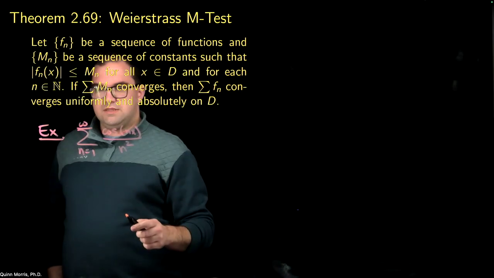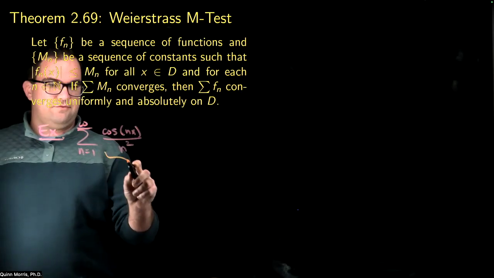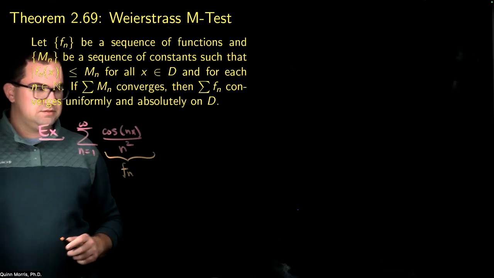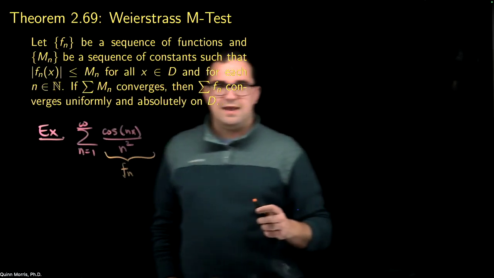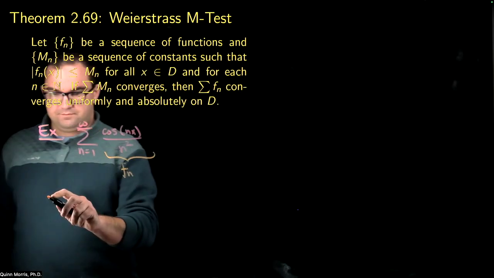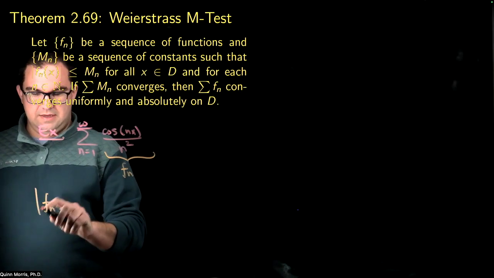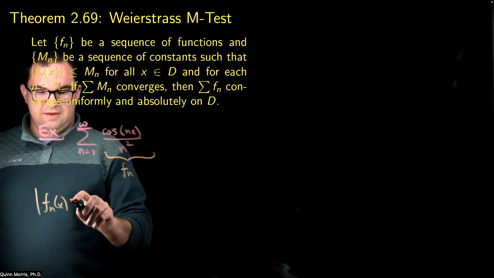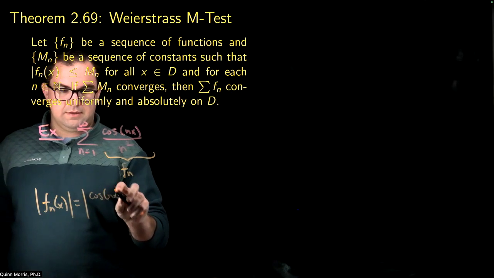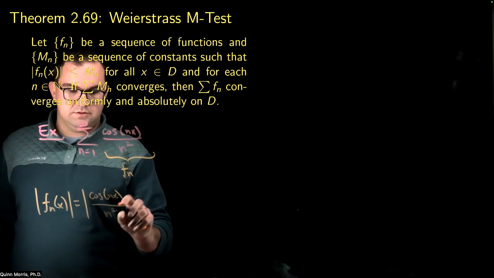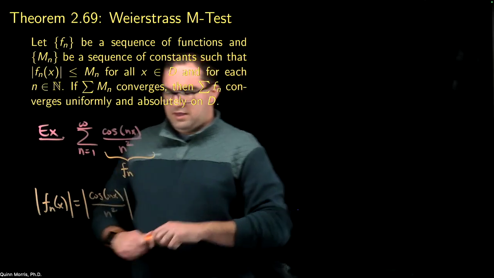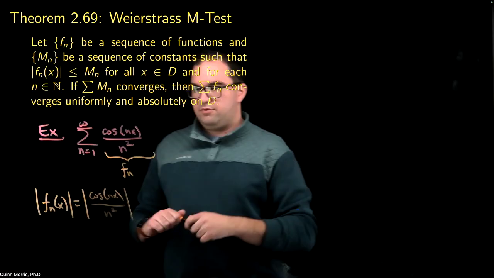So the first thing the Weierstrass M-test says is, okay, to each of these functions, which I'm going to think of as the f sub n's, I want to associate an upper bound, which is capital M sub n. So if I look at these in absolute values, the absolute value of f sub n of x, the absolute value of cosine nx divided by n squared, I can bound the top.